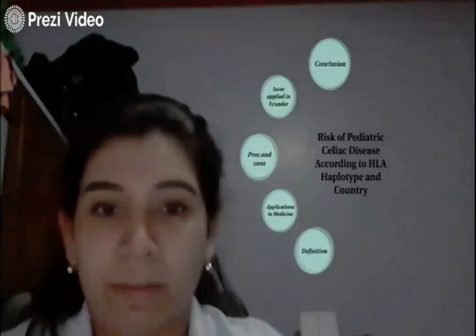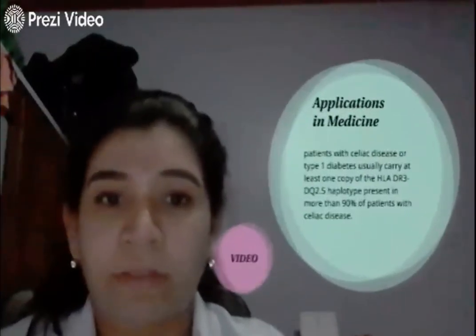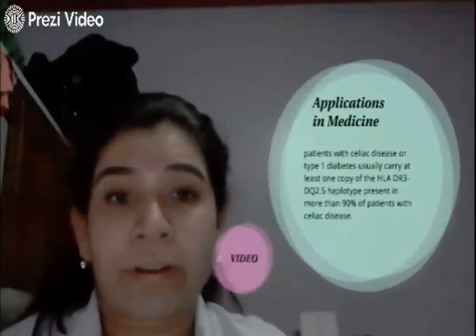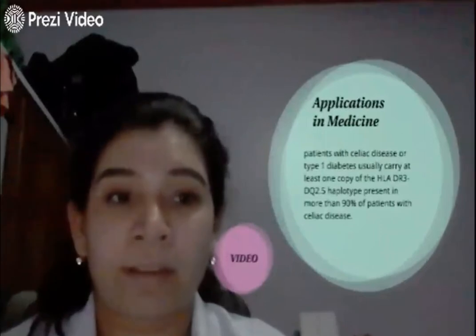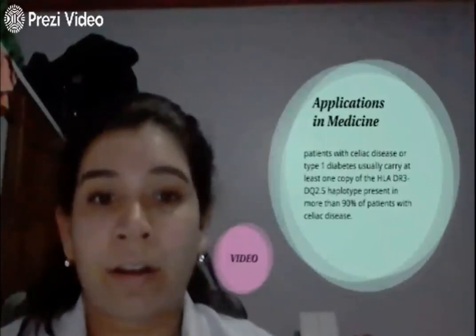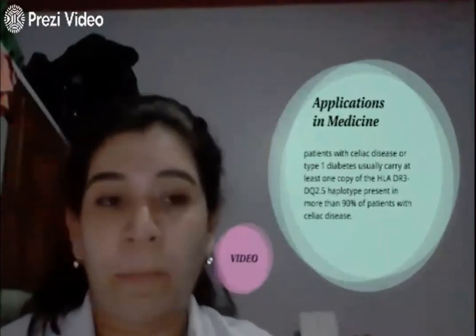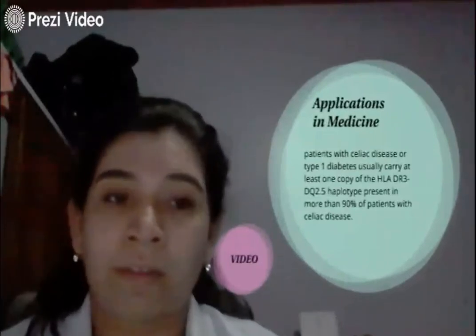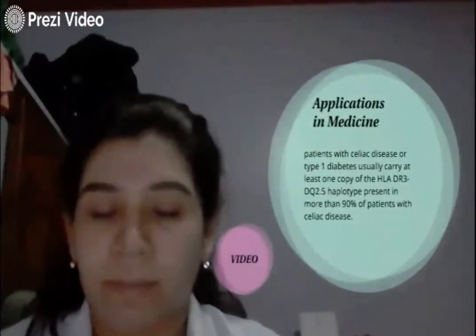Applications in medicines. Patients with celiac disease or type 1 diabetes usually carry at least one copy of the HLA DQ2.5 haplotype, present in more than 90% of patients with celiac disease.